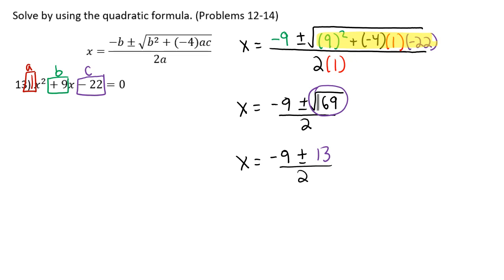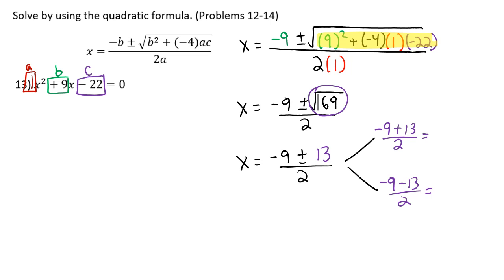Now here you'll notice that we have a -9, a 13, a 2. Those are all nice whole numbers, which means if you get to this point, you need to separate your problem out to get both answers. So you'll have -9 plus 13 divided by 2, and then -9 minus 13 divided by 2.